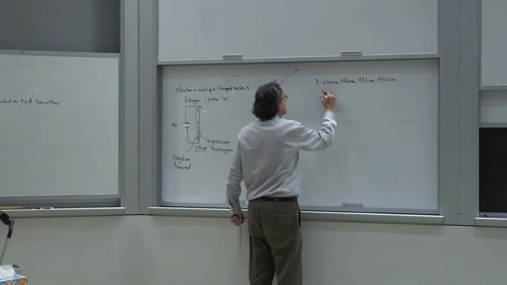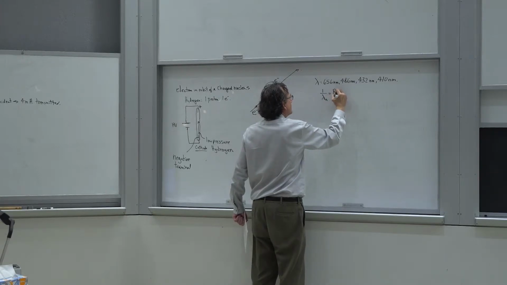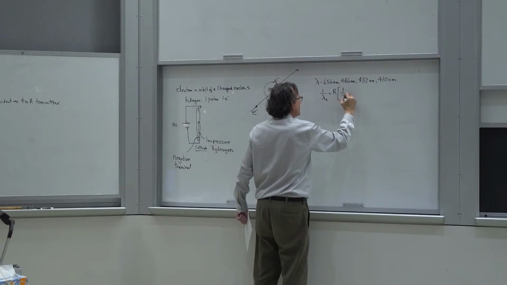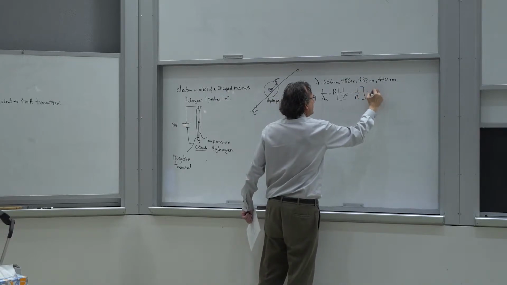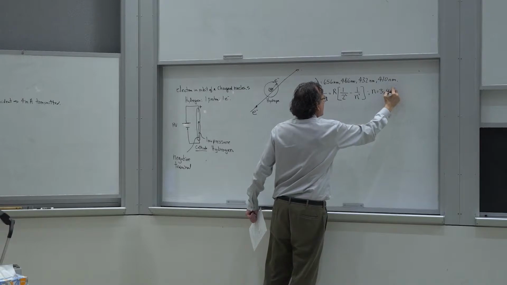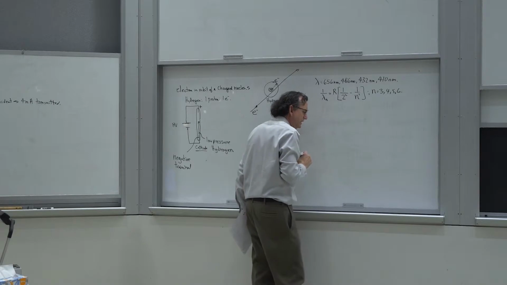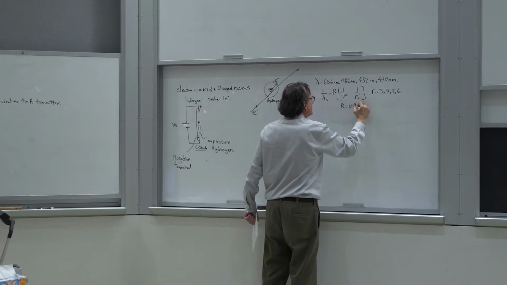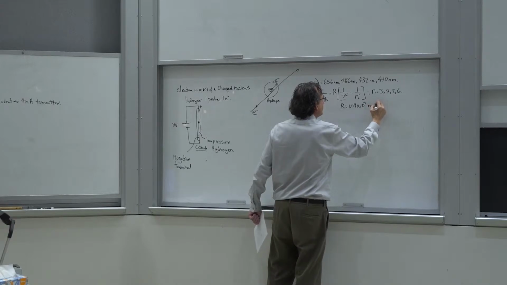His idea was that 1 over lambda n is equal to a constant R times (1 over 2 squared minus 1 over n squared), where n is equal to 3, 4, 5, and 6. And he discovered the value of R was equal to 1.09 times 10 to the 7 inverse meters.